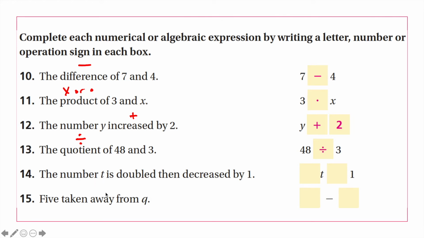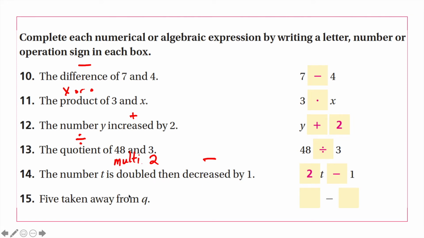The number t is doubled, then decreased by 1. We have to pay attention to which is happening first. In this case, the number t is being doubled before it is decreased by, but doubled represents multiplying by 2, and decreased by represents subtraction. So if I were to rewrite this, it would become 2t minus 1.